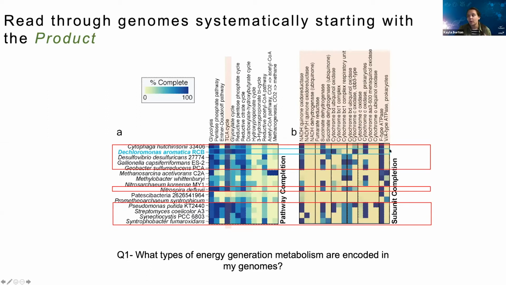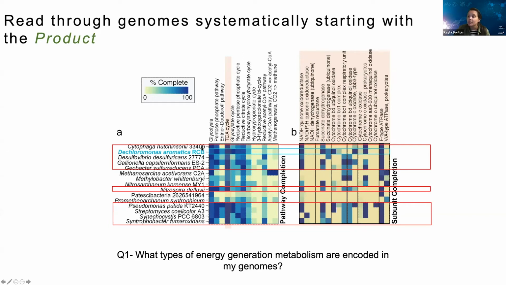What I'm showing you here is the product output of those soil genomes. If we look at the TCA cycle, we can see that some do have a complete TCA cycle, at 100%, this dark blue color. Then we can go over to our electron transport chain, and you can see that some have complete NADH dehydrogenases, as well as other parts of this electron transport chain.